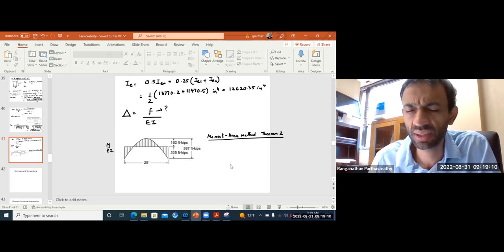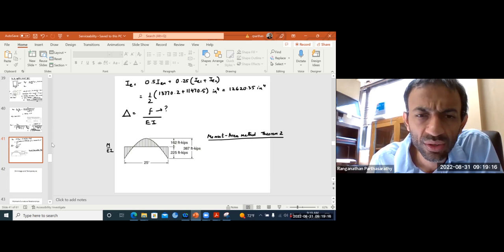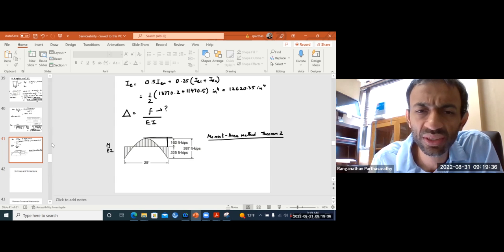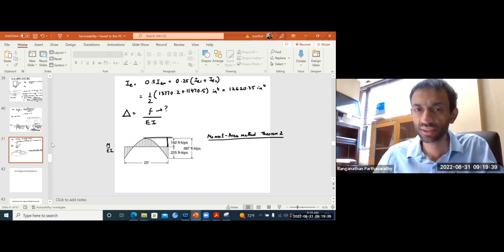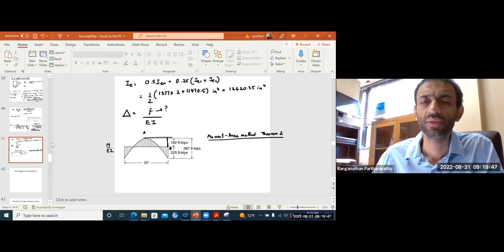So if you use the moment area method number 2, then you can get this maximum deflection, which is going to be at mid-span. You can take the tangent at this point and get the distance from this endpoint, which is fixed, right? So basically, you're using the TAB method. So this is A and this is B. So your deflection will be given by TAB.